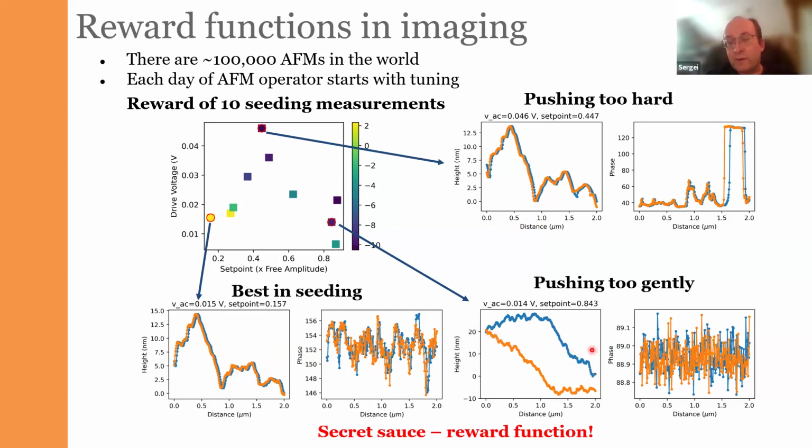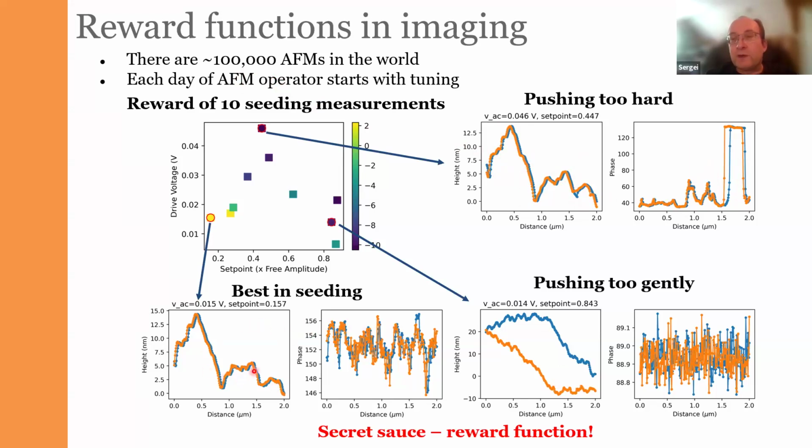So in this regime, we are very gentle, so we don't destroy the sample and the surface, but at the same time, we don't get a good topographic scanning either. This is what happens if we push too hard. In this case, we still have a decent topographic scanning, we start missing some details, and also our phase starts to behave somewhat poorly. So each person who runs AFM essentially tries to find the optimal condition that should look like this.